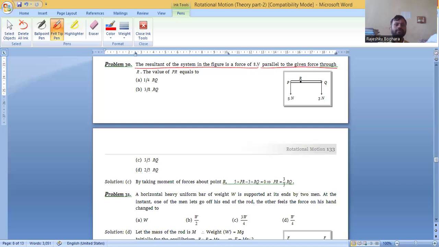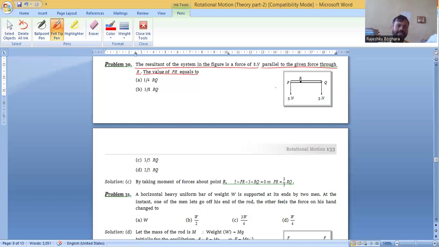Compared to the given force through R, the value of PR equals what? For equilibrium, what should the value of PR be? Here we take moment of force, meaning rotational equilibrium.